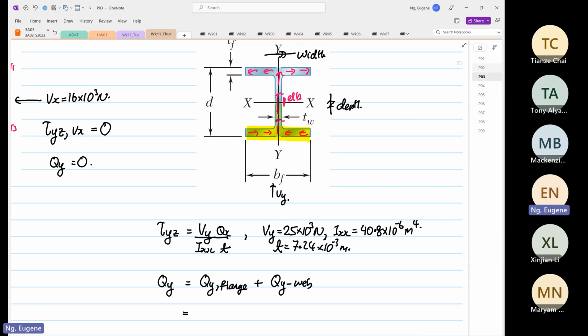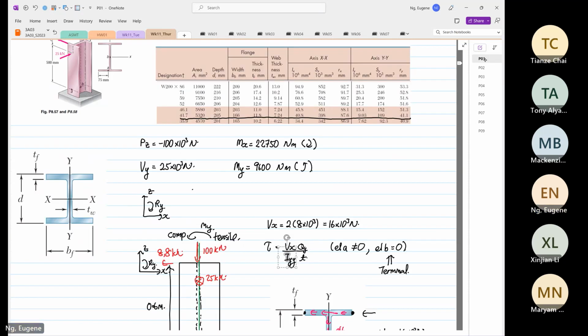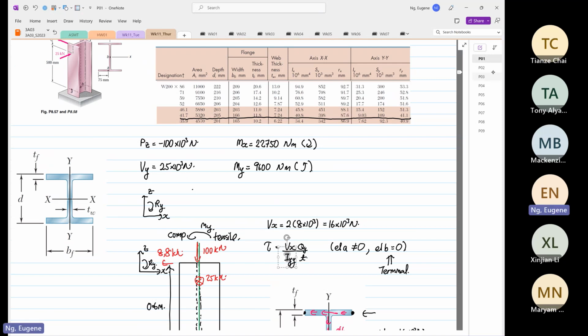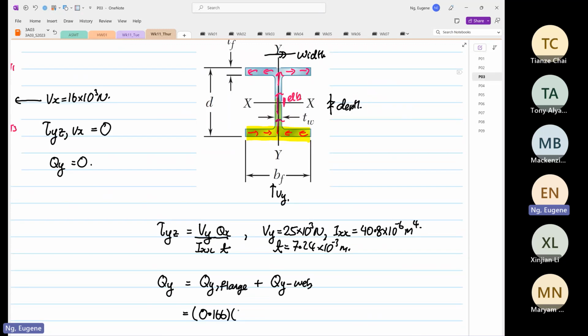So if we were to look at the flange, BF is equal to 0.166 width, and then the depth is TF. So TF is equal to 11.8.